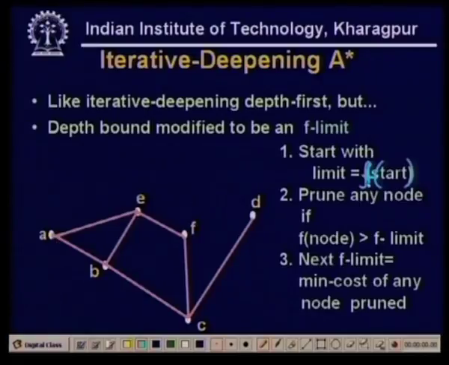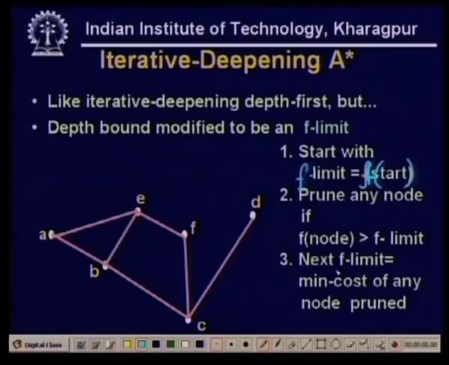Then with that limit we do a depth first search, and in doing this depth first search we prune any node if f of that node is greater than the value of the f limit. After the current iteration, the next f limit is chosen to be the minimum cost of any node that was pruned.